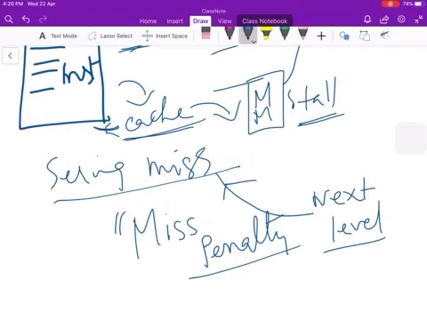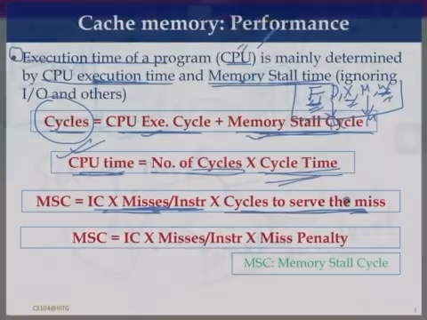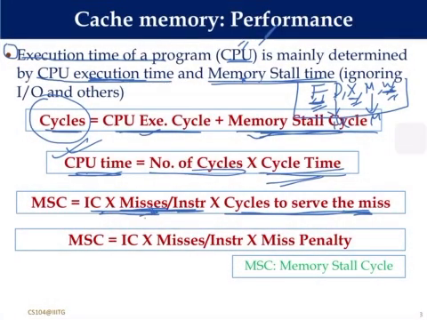Now, how many cycles you incur as a miss penalty, you multiply with the miss rate so as to get the total memory stalls for the whole program. Cycles to serve the miss is essentially the miss penalty.